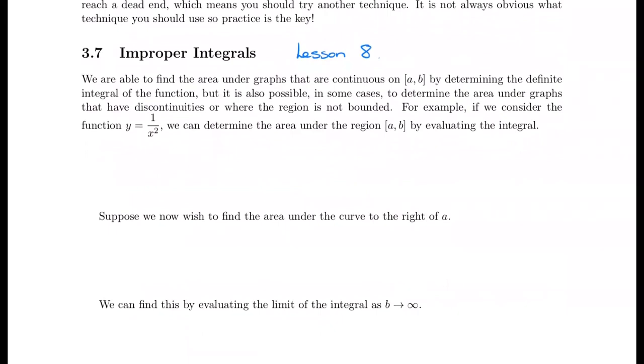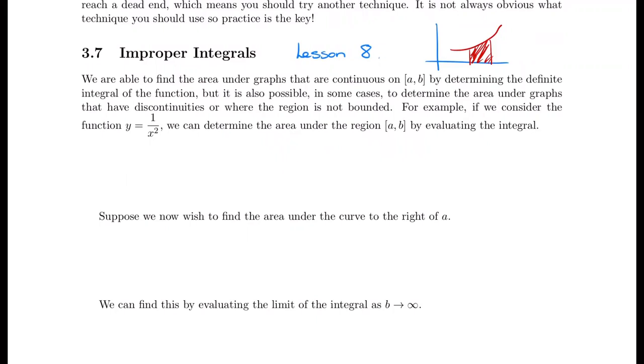So for example, if we have a graph that looks something like this, we're able to determine its area under a region from A to B. So this is by determining the definite integral of the function.